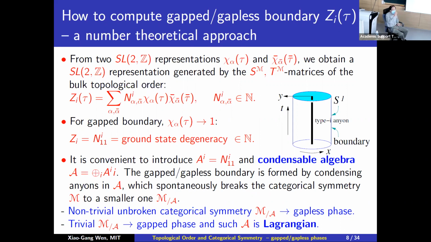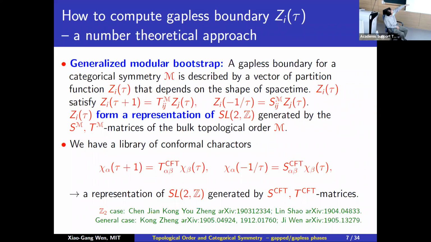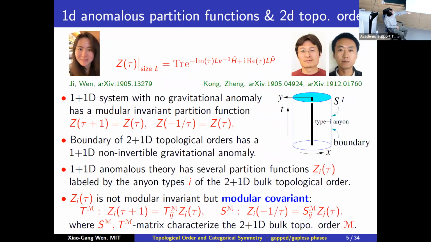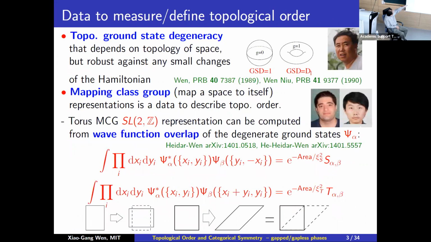So could you remind me what is the difference between S and SM? The SM and TM emphasize this is the modular transformation for the bulk topological order. Without M means? Previously when I wrote this ST, I added M. Sometimes I don't add M, like here, this ST I did not add M. They are supposed to have M. With or without M, they are all for topological order.